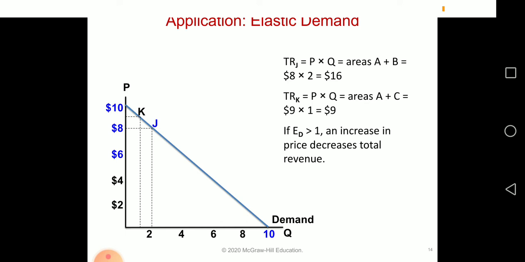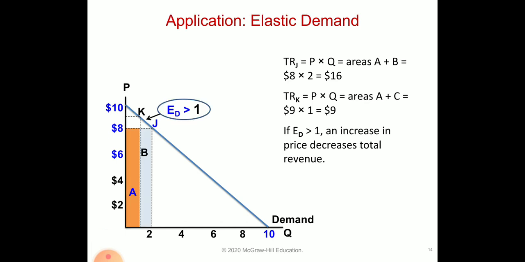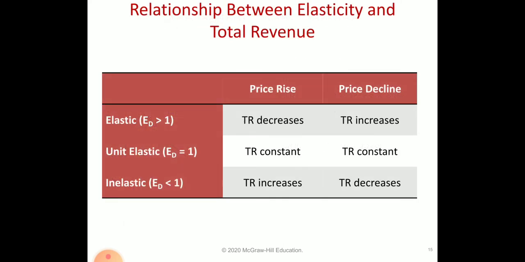This means it decreased. So the quantity demanded decreased. This means that the product is elastic. So an increase in price decreases the total revenue. Okay, easy one.